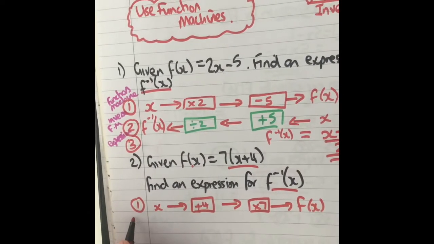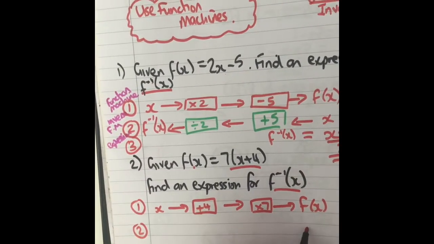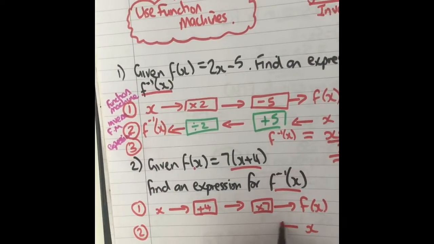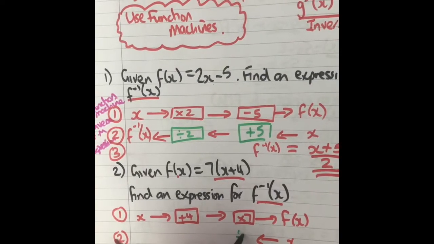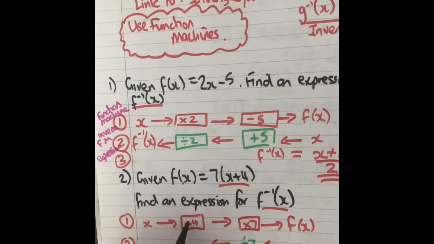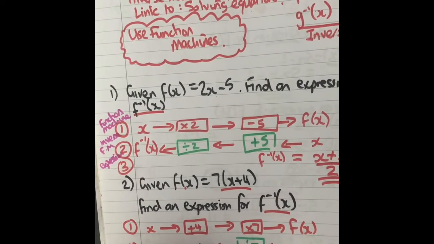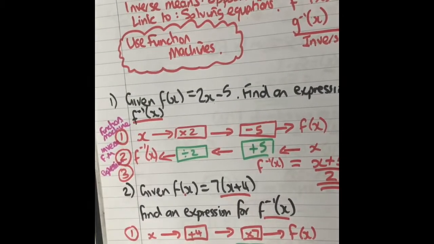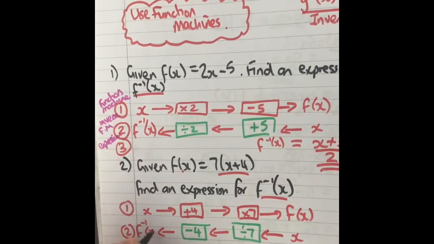So backwards, you're going to start with x. Instead of times 7, you're going to do divide by 7. Instead of plus 4, you're going to do take away 4. And that would give you f minus 1 of x.